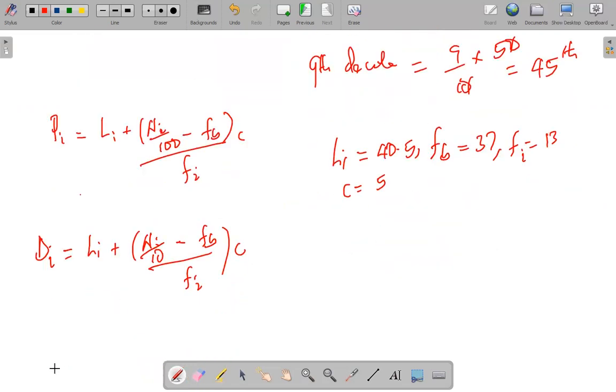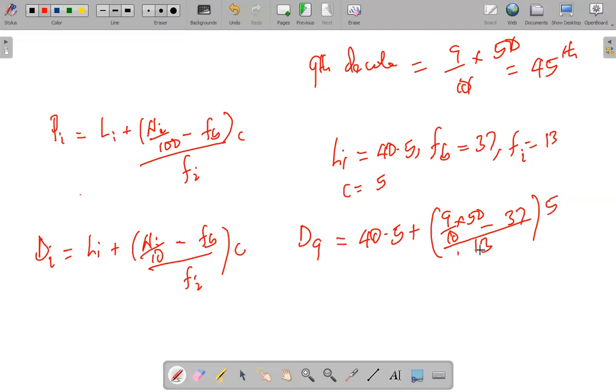So if we put in all of these values, our ninth decile D9 will be equal to 40.5 plus 9 over 10 times 50, minus Fb, which is 37, then divided by 13 times 5.